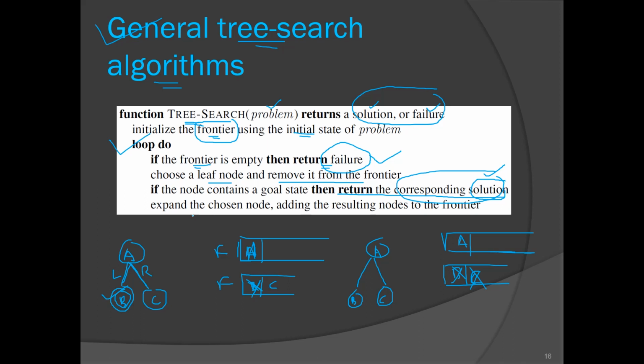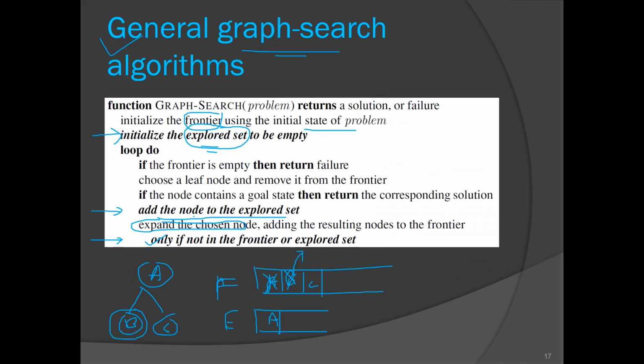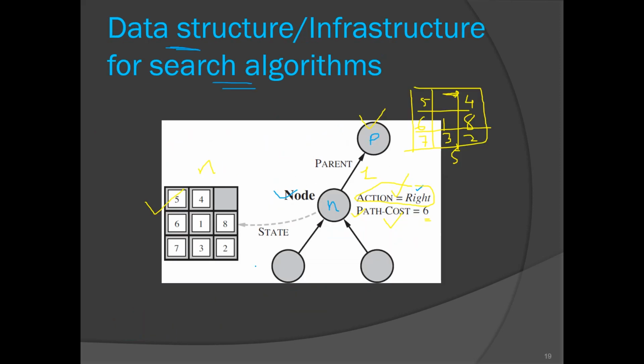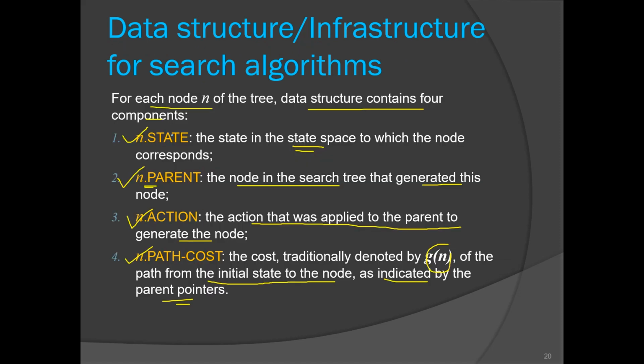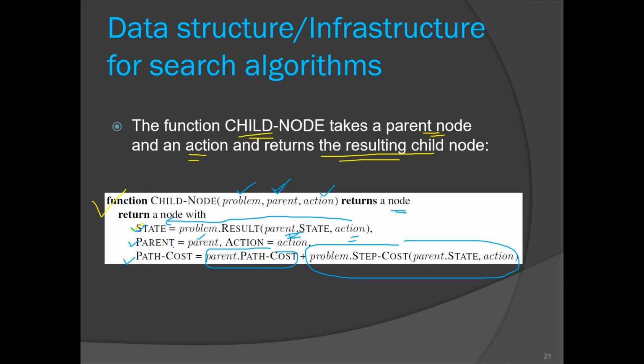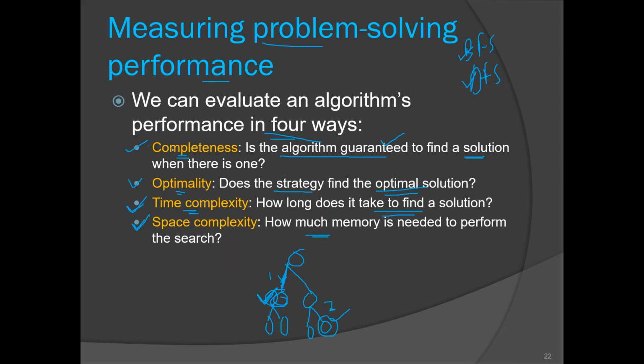We saw the tree search algorithm where we don't maintain an explored set, while in graph search we maintain an explored set. We also talked about the information we maintain for every node: the state, its parent, the action and the path cost, and the parameters based on which we measure the performance of any search algorithm.